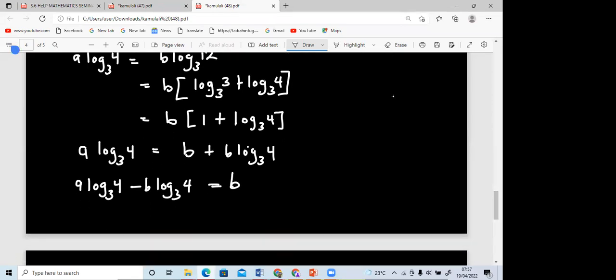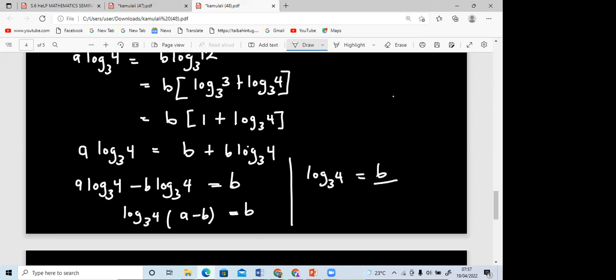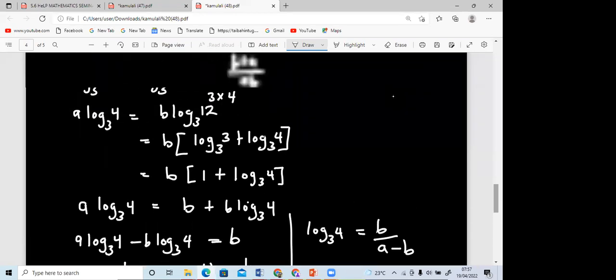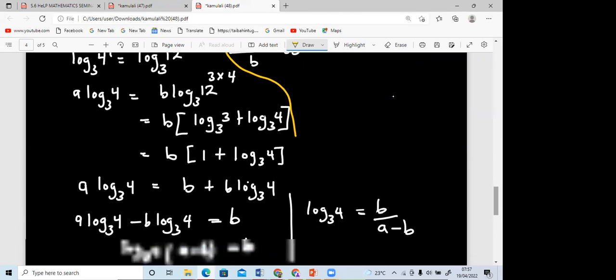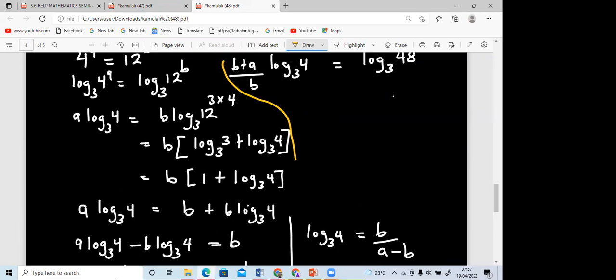And when you look here, log base 3 of 4 is common. So when I factor out, I have (a minus b) log base 3 of 4 equaling b, meaning that your expression for log base 3 of 4 is b out of a minus b. So what am I going to do? I'm going to come back to the expression I had initially, where there is log base 3 of 4, and substitute with b out of a minus b.